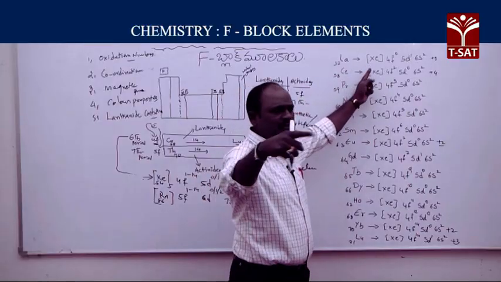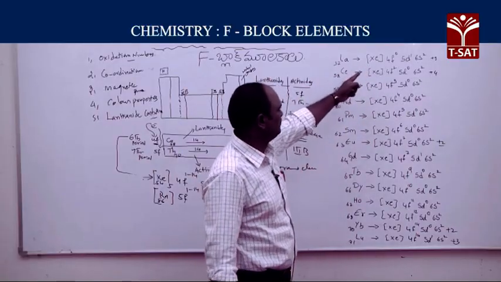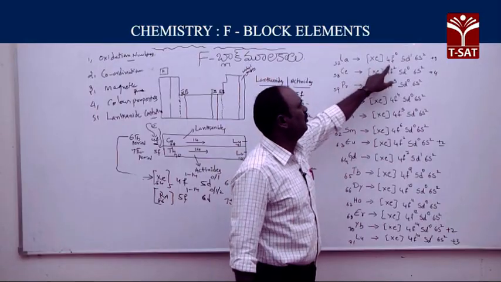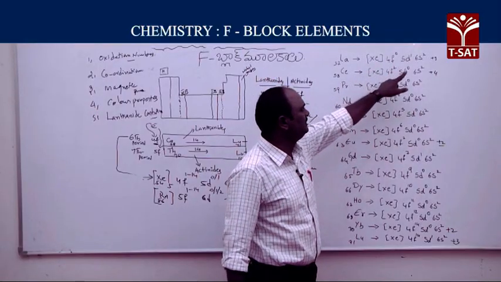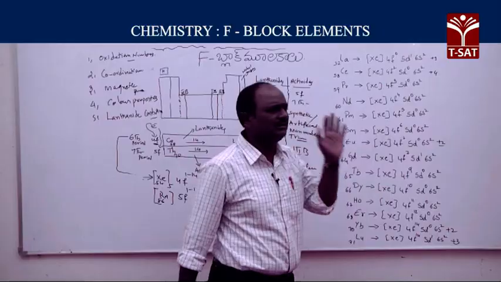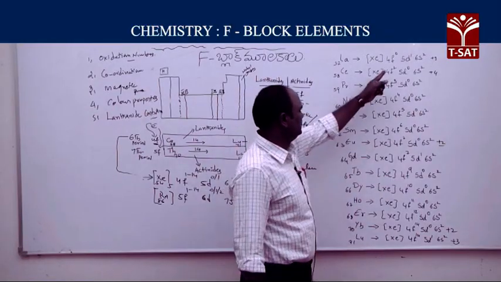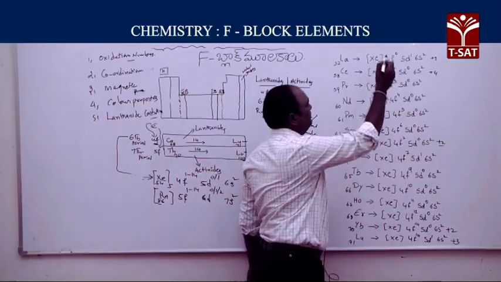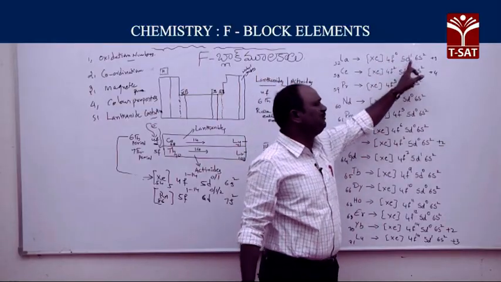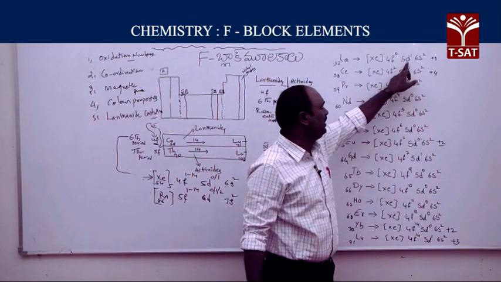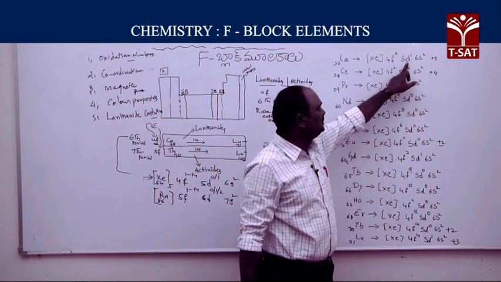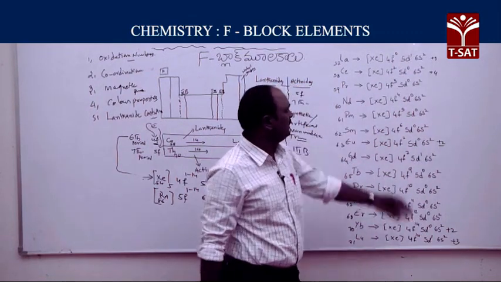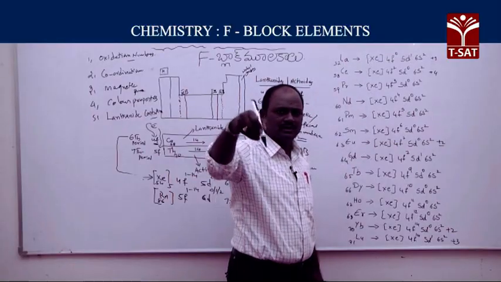First, observe the electron configuration, please. Look at the blackboard. Xenon, 4f0, 5d1, 6s2. Simple electronic configuration. Whenever the differentiating electron enters the 5d1, naturally we can expect that it belongs to the d block only.